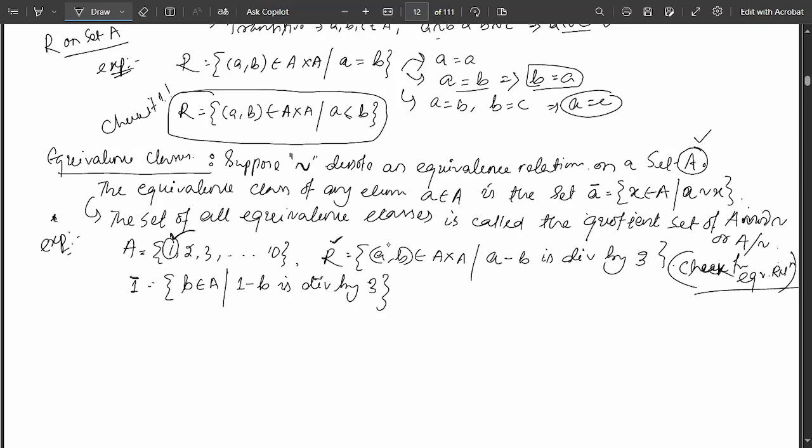Which elements make the equivalence will be in the equivalence class of 1? We check from the set.